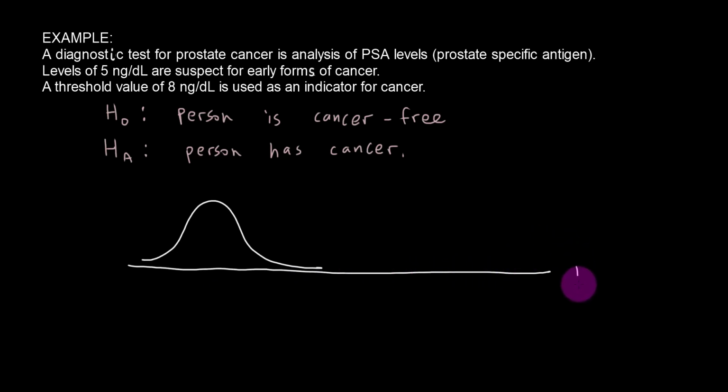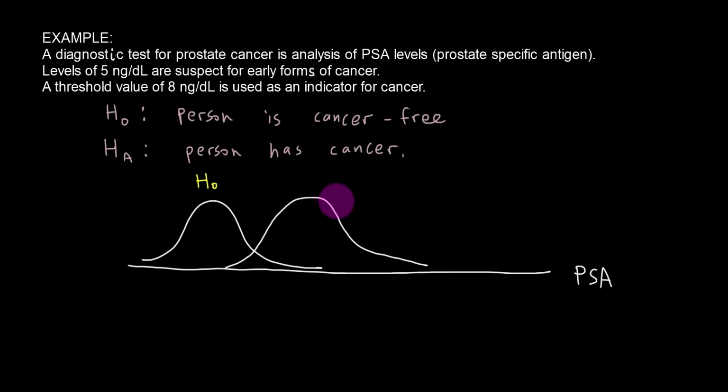But let's call this axis PSA. And this first curve that I've illustrated is going to represent the distribution of PSA levels for folks who do not have cancer. I'm going to draw a second curve to represent the folks and their PSA levels if they do have cancer.